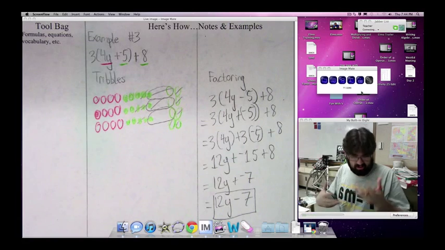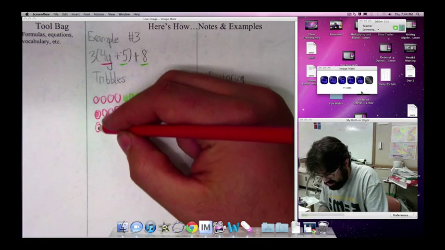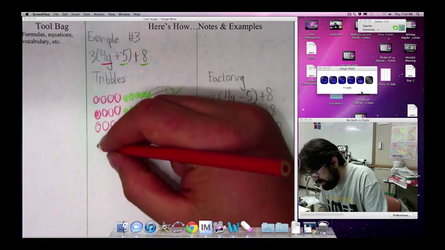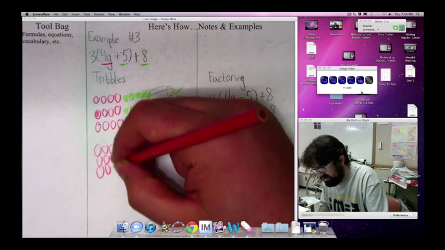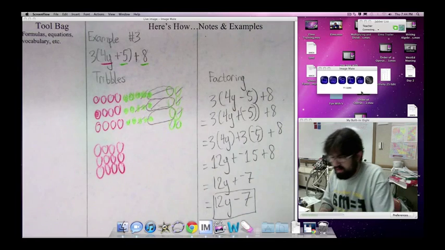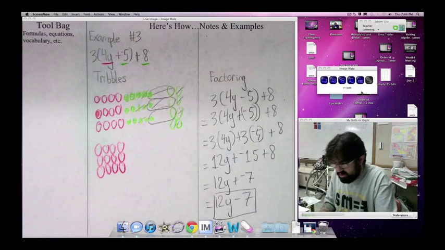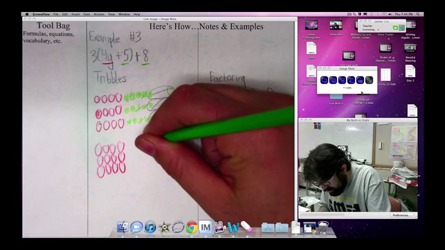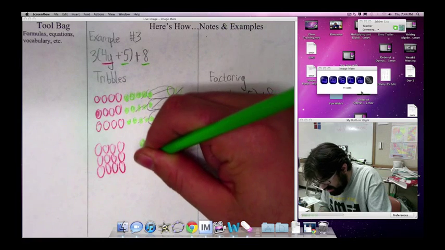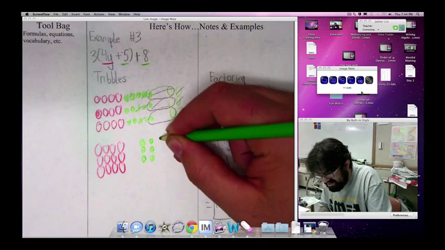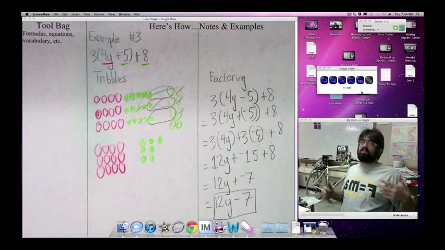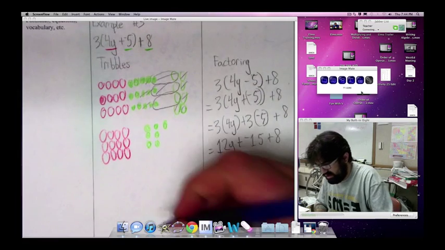I'm gonna redraw it so I can see. I got 1, 2, 3, 4. I got 12 evil. 1, 2, 3, 4, 5, 6, 7, 8, 9, 10, 11, 12. And how many evil constants do I have? 1, 2, 3, 4, 5, 6, 7. 7 evils left.